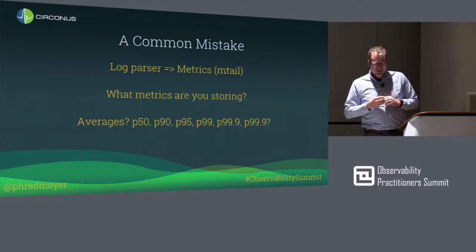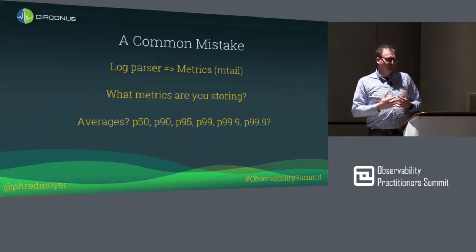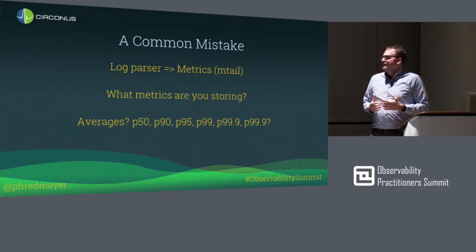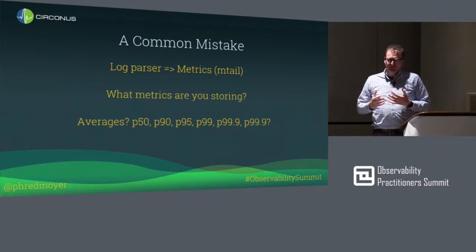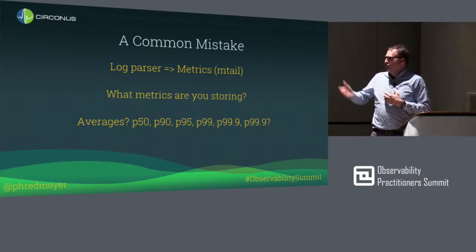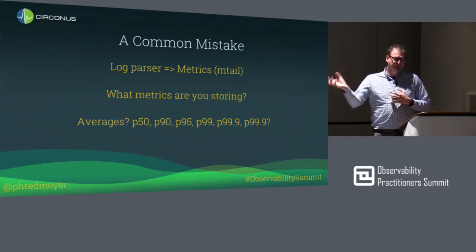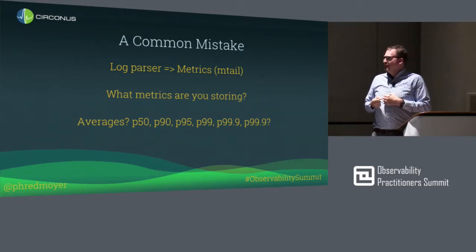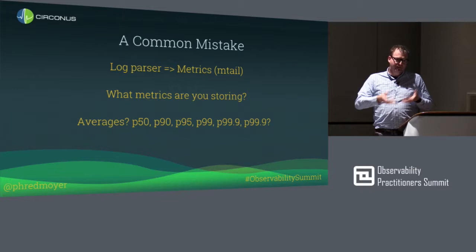Well, one way is that a lot of the tools at their disposal make this very easy to do. Say I've got a log parser that I hook MTail to, which is a Google open source tool that can extract latency data from a log file. It gives me here's your P99, here's your average, dozens or hundreds of different metrics that I can store.